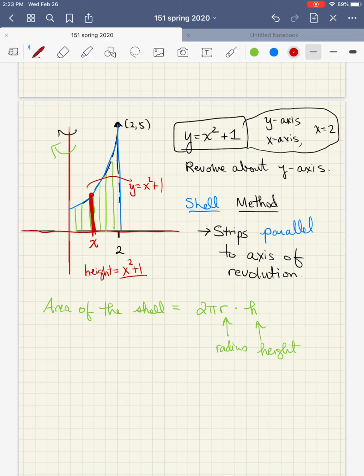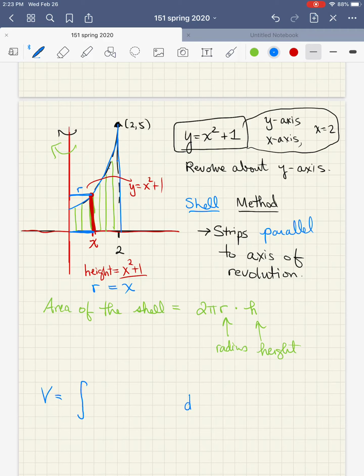And my radius, well, again, if I revolve this thing around, that radius is going to be the distance to my axis. So that radius, maybe I'll do it in blue, is going to be this distance here. So that radius is going to be the x value in this case, because that's just the distance from the axis out to x. And so when I put all this together, to get the volume by the shell method, I need to add up all those little areas.